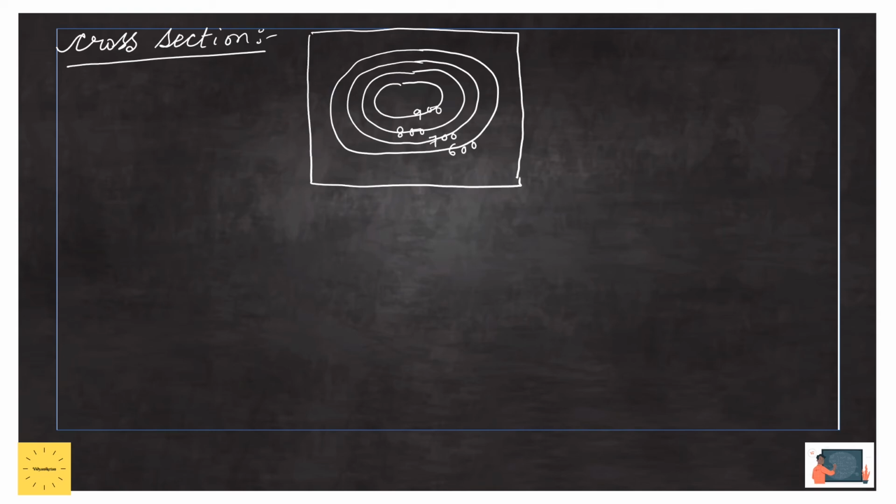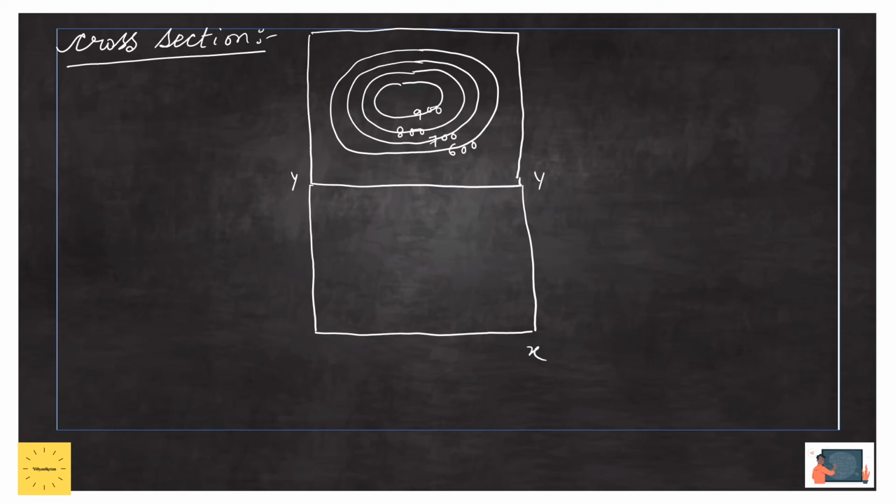Now, you have to draw an axis. So suppose this is x-axis and this is y. Even you can also draw another y-axis. So this is y. Okay, now here students, always remember a cross section line should be one which is cutting or passing over all the contours.